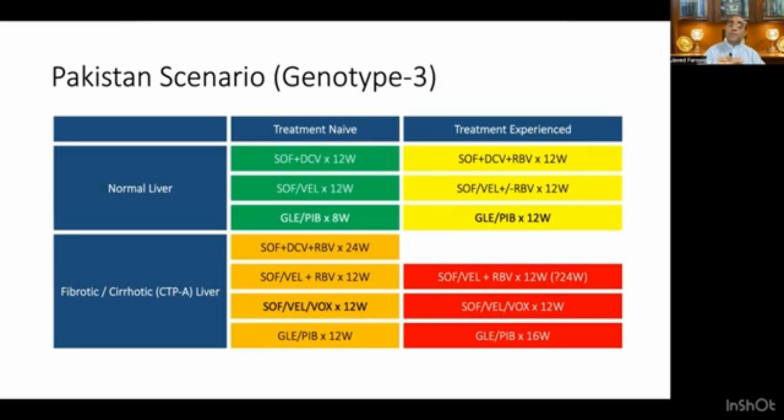But what I do, if my patient is a non-responder to sofosbuvir-daclatasvir, I start these patients on sofosbuvir-velpatasvir with ribavirin for 12 weeks, and I don't jump directly to Sofosbuvir-Velpatasvir-Voxilaprevir, because almost all of these patients who are relapsers or non-responders to sofosbuvir-daclatasvir, sofosbuvir-velpatasvir with ribavirin does give the results.